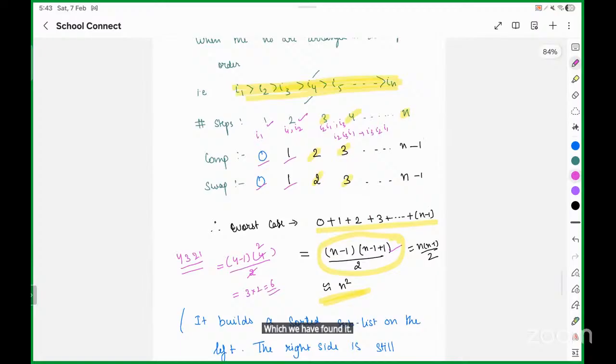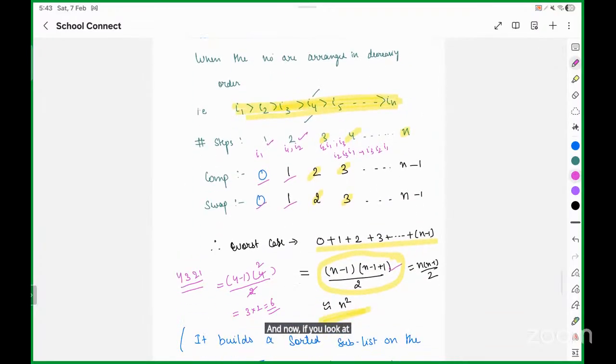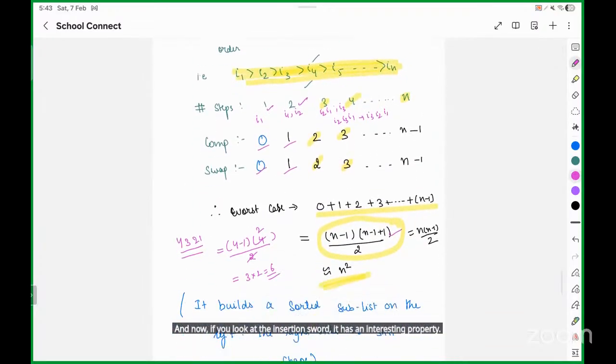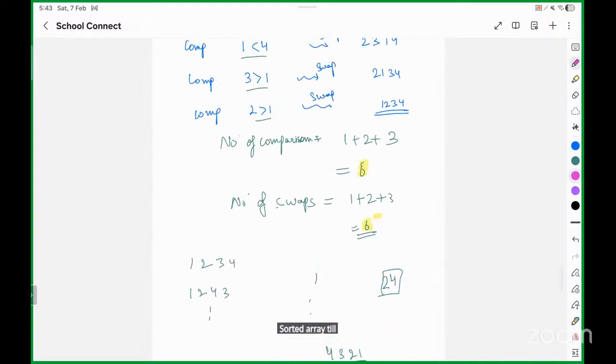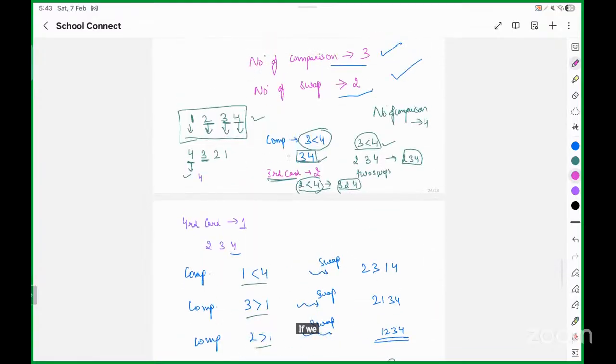Now if you look at insertion sort, it has an interesting property that whenever you introduce the next card, the fourth card, the first three cards are in a sorted array up to that point. Like in this case, if we look at the first cards given, 3 and 4, it will be 3 and 4.